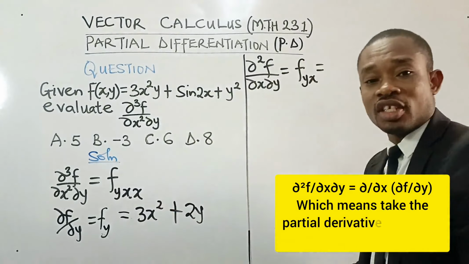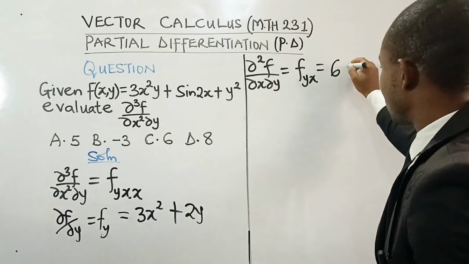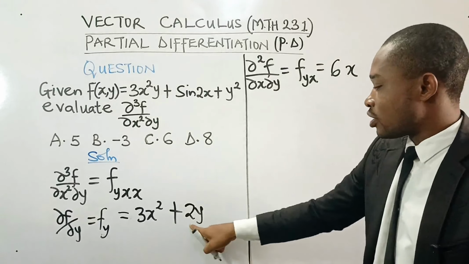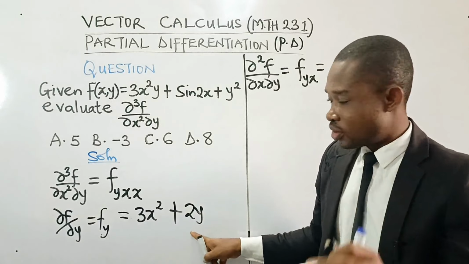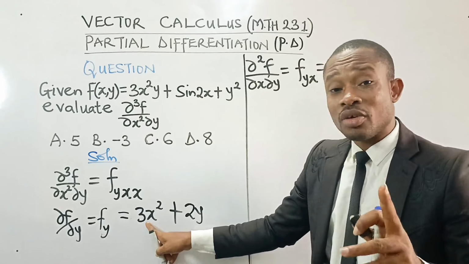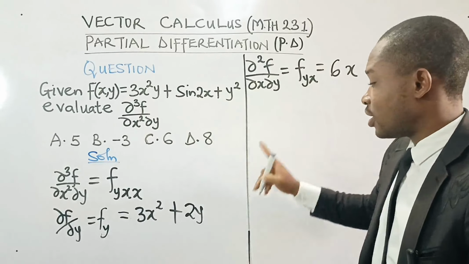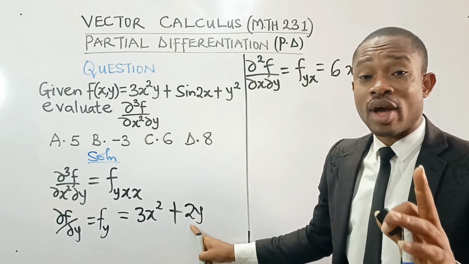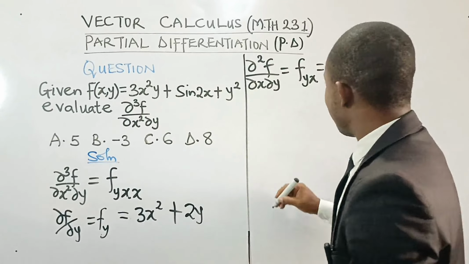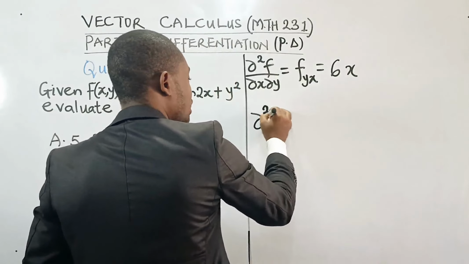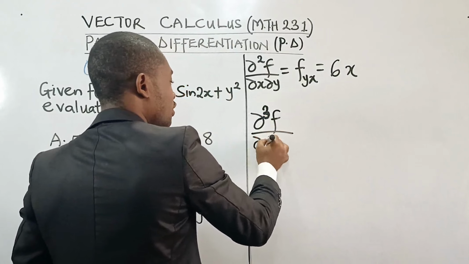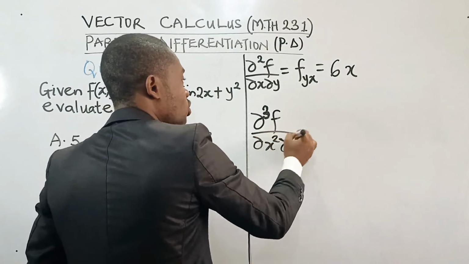3x squared, differentiate it. What will you get? 6x, and then plus 2y, differentiate it partially with respect to x. Take note, I differentiated this partially with respect to x, I got 6x. Differentiate 2y partially with respect to x, you get 0. And then finally, we shall now obtain the third partial derivative, remember, with respect to x.